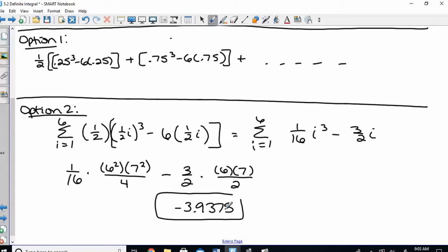So 2 options, pick whatever you like. Okay, it doesn't matter a bit to me. If these summation things confuse you, just write out all 6 pieces that you're plugging in and do that.